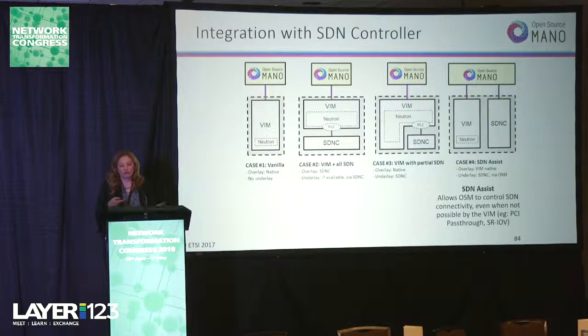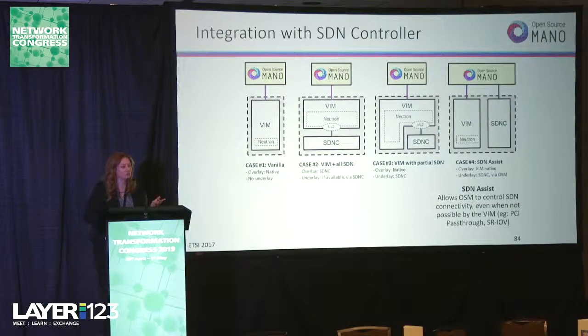Next to that, we have the second model where we have overlay SDN, but it's integrated with the VIM, and so the integration point with Open Source MANO is still with the VIM API. The next model is more of what we call partial SDN, where it has some underlay as well as some overlay built into the VIM layer, and by interfacing with the VIM layer, you're able to do those things in concert.